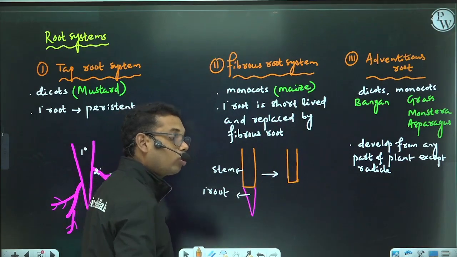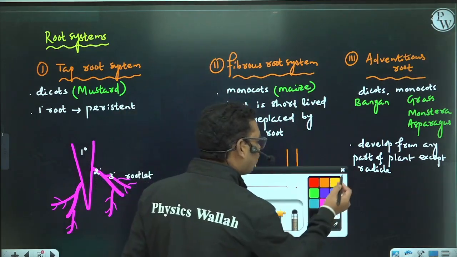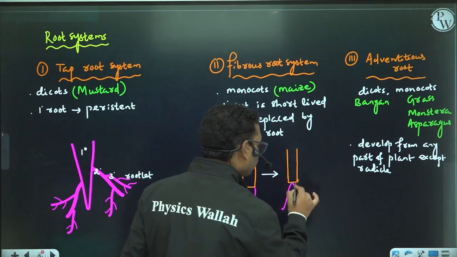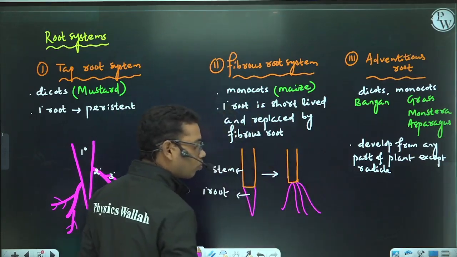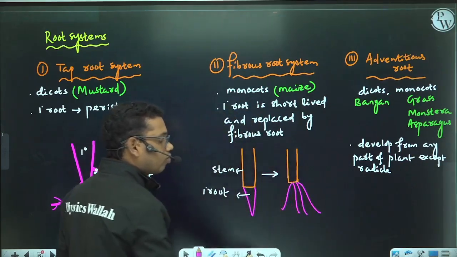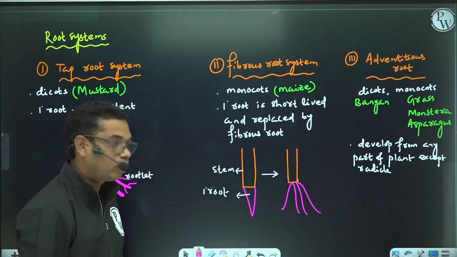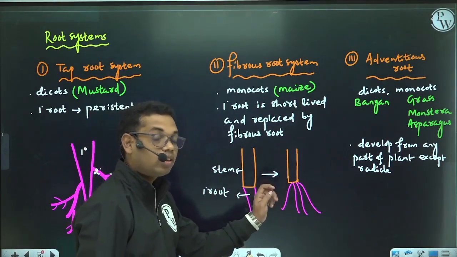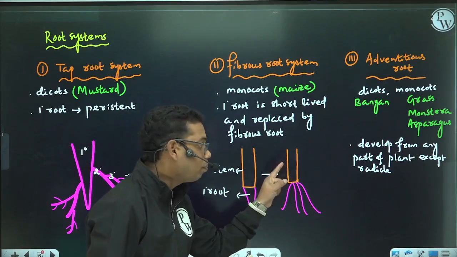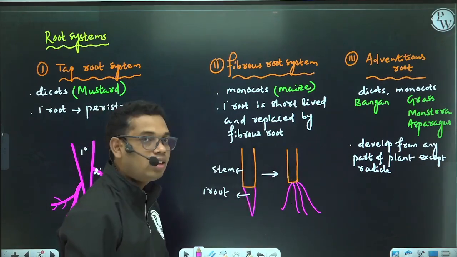The primary root will be replaced by a number of fibrous roots. These are the fibrous roots, and this is called the fibrous root system. The fibrous roots develop from the base of the stem.